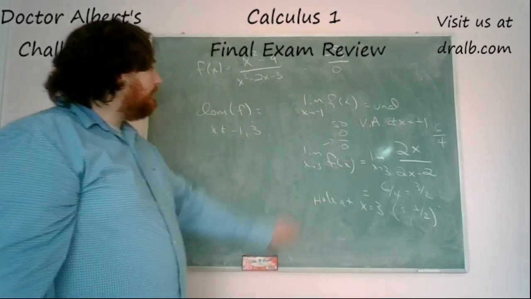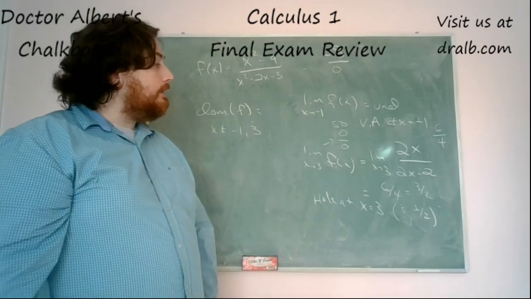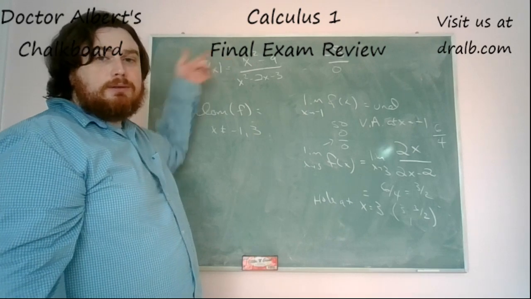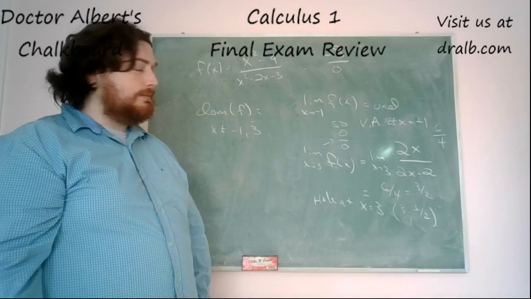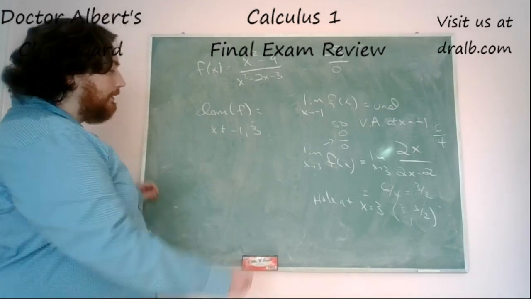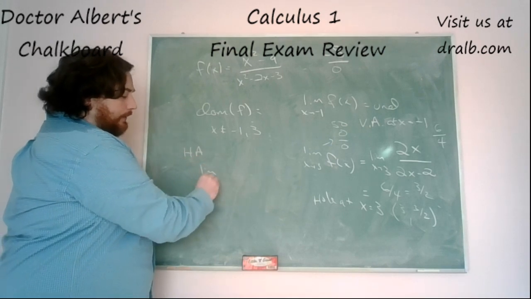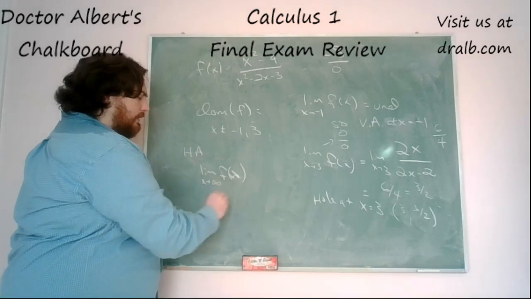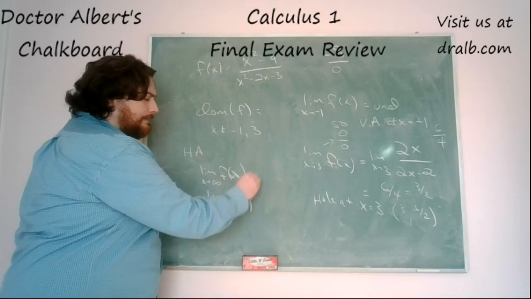All right. So I have the domain. I have a vertical asymptote, and I have a hole as well that I found. The other thing I would need to find is horizontal asymptotes. So how do I find horizontal asymptotes? Well, what I need to do is take the limit as x goes towards infinity, or the limit as x goes towards negative infinity of my function.